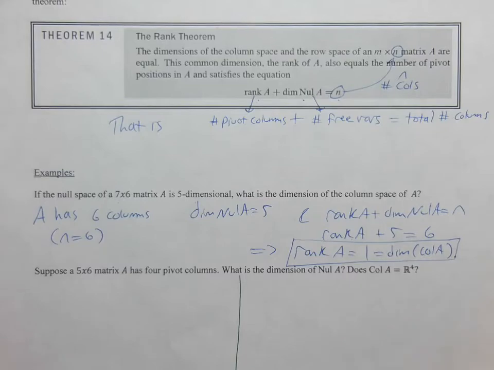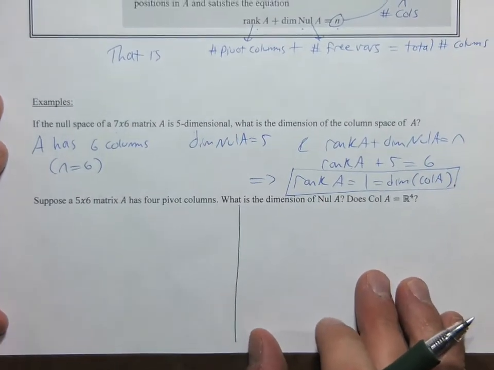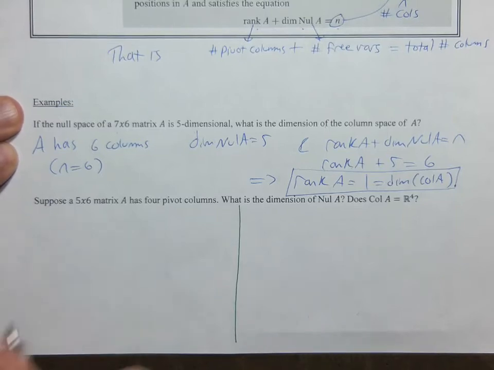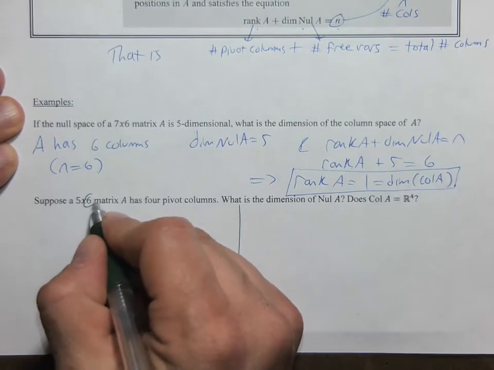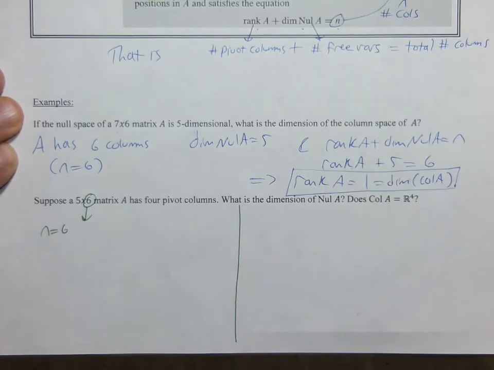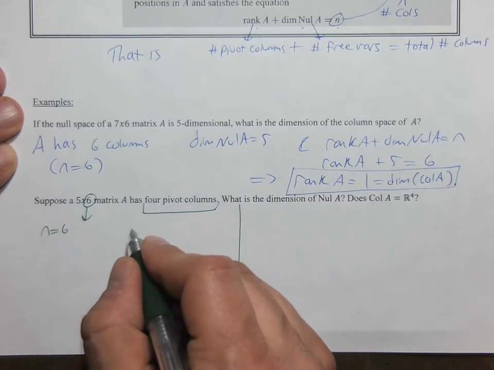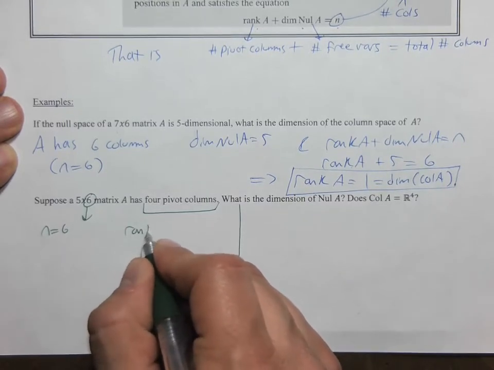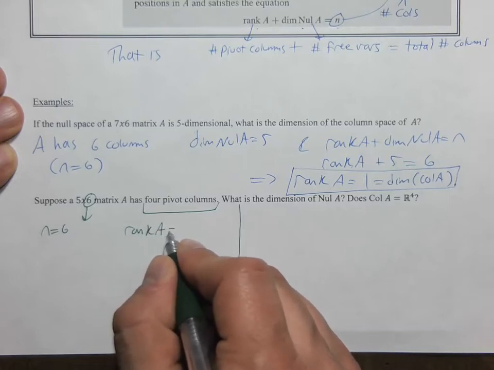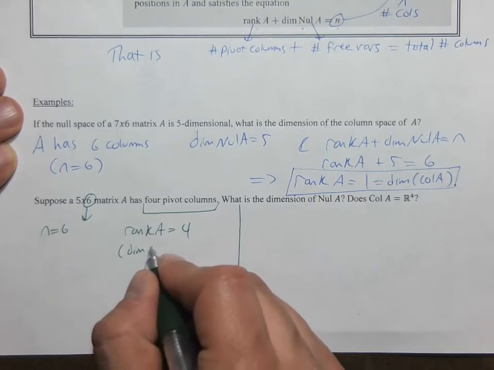So draw a line down the middle of the page here, because we're going to answer both parts of the question. So if we have a 5 by 6 matrix, this is telling us that n is 6 in the above equation, right? And then we're being told that there's 4 pivot columns, and so that tells us that the rank is 4, which is the dimension of the column space.